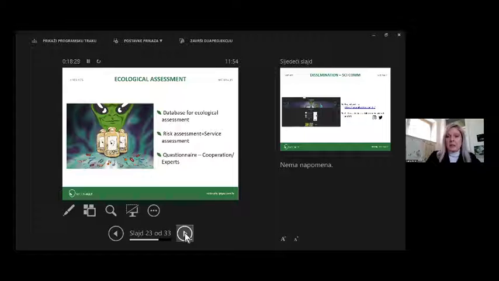So we will cooperate with our experts in the field who know our species and our territory very well, and they will fill in our questionnaire, and at the end we hope that we will have a comprehensive database with all the necessary data for the risk assessment and service assessment, and that we will have some new information related to this topic.